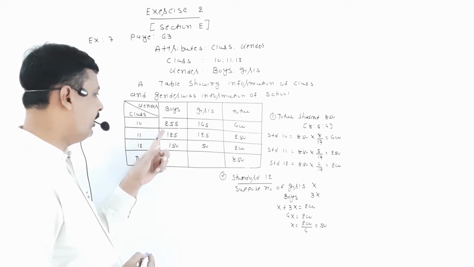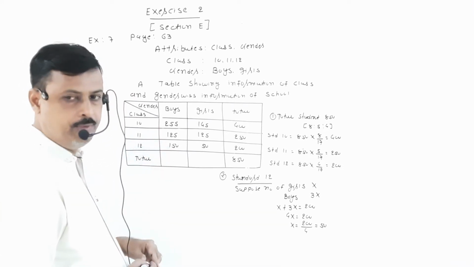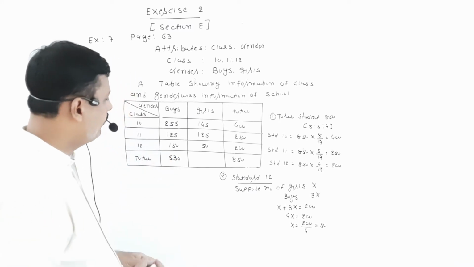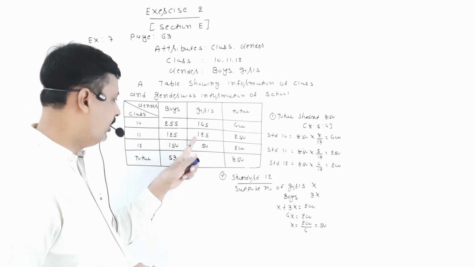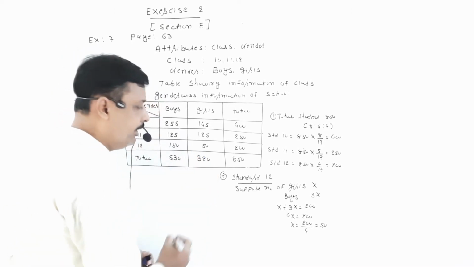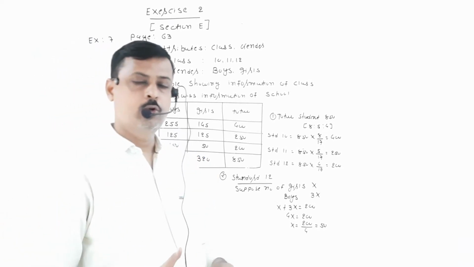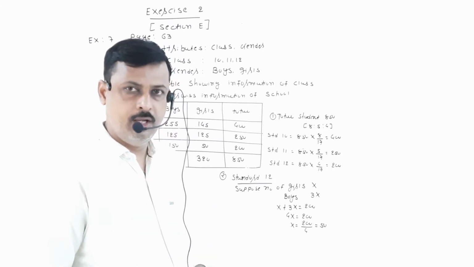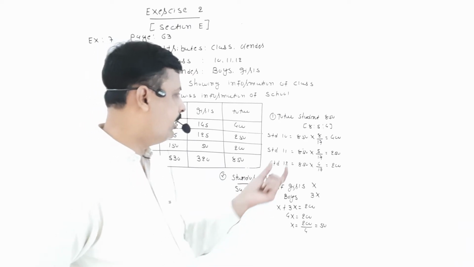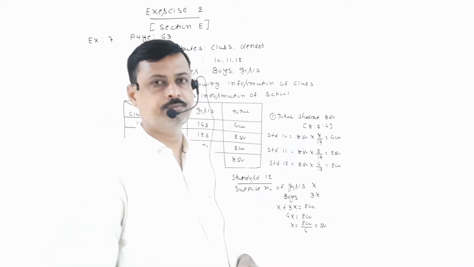Now 255 plus 125 plus 150, that is 530. 145, 125 and 50, that is 320. So total students in a school 850. Their proportion is 8:5:4.